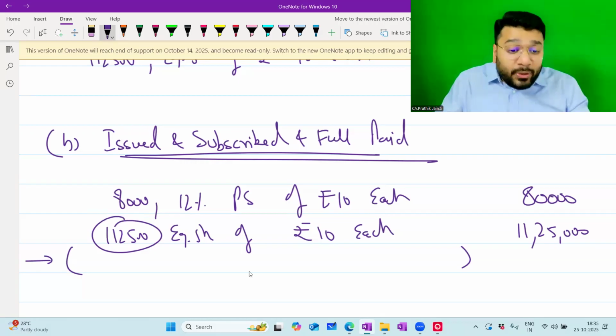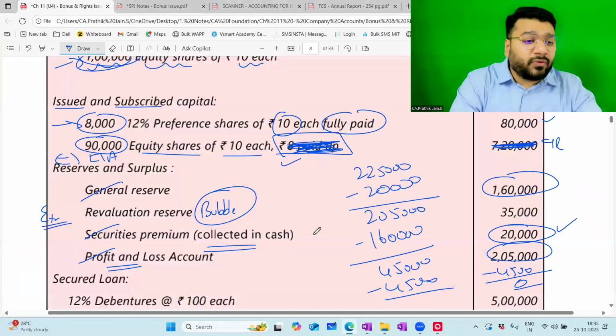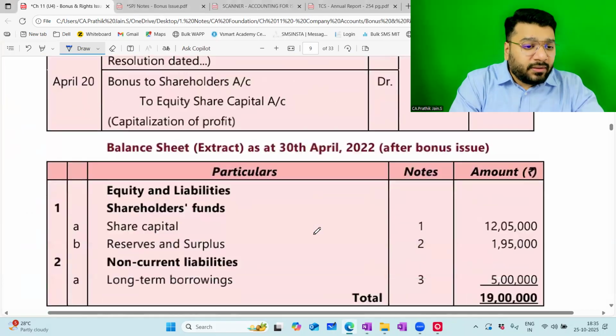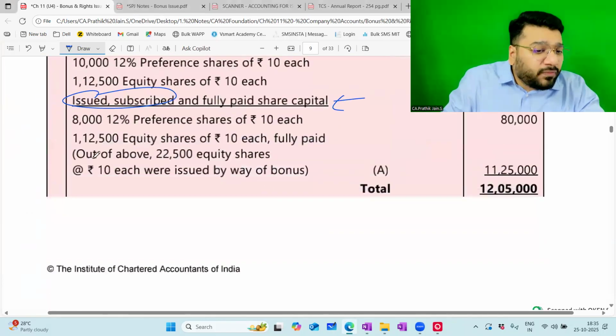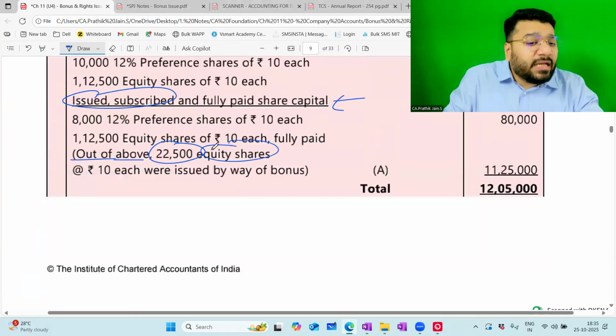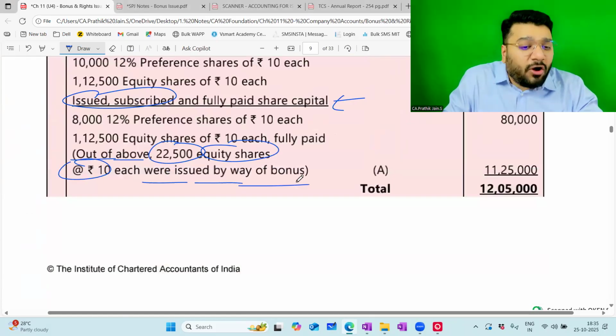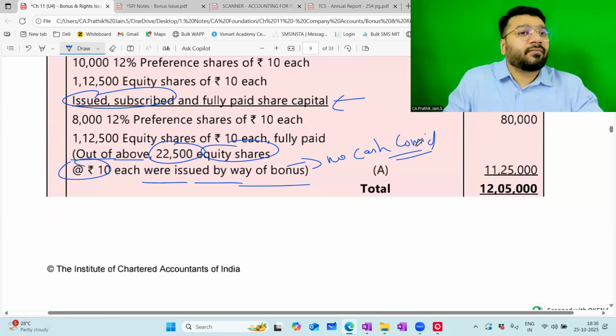Got it? Now look at the language. Out of the above shares, this is how you'll start. Out of the above, 2,200 equity shares of 10 each were issued by way of bonus. Bonus is no cash consideration. A similar disclosure has to be given in case of non-cash consideration.